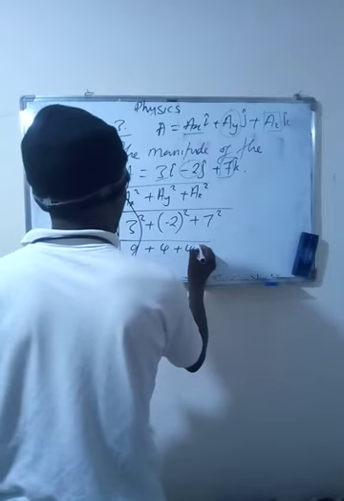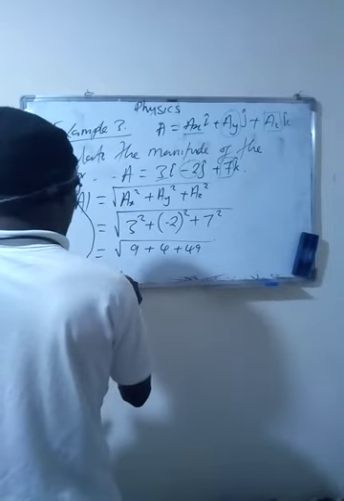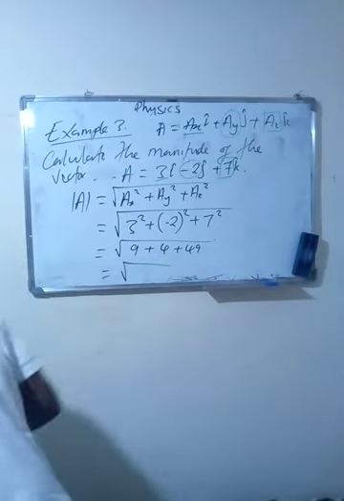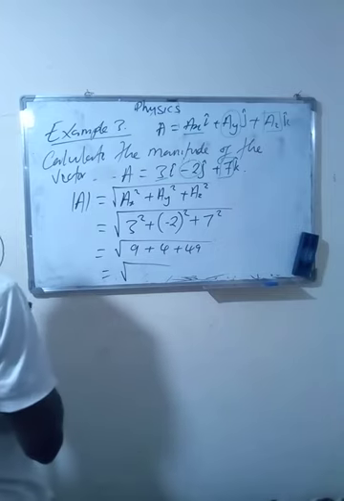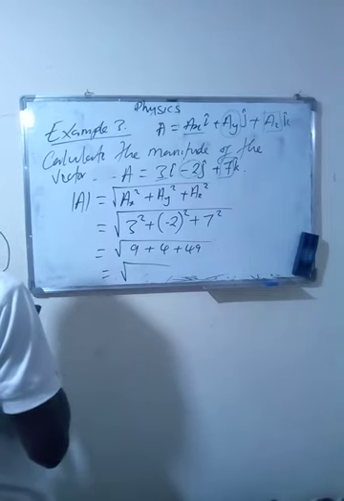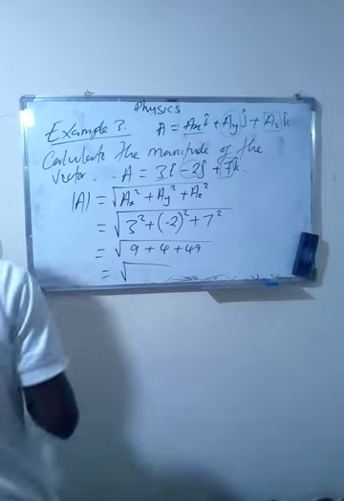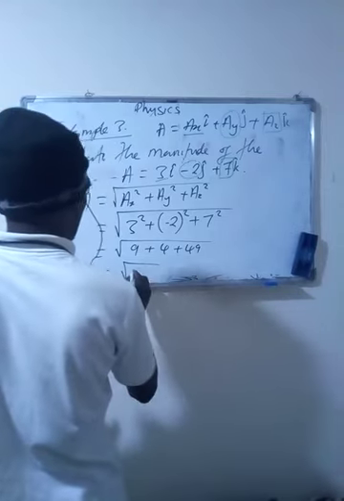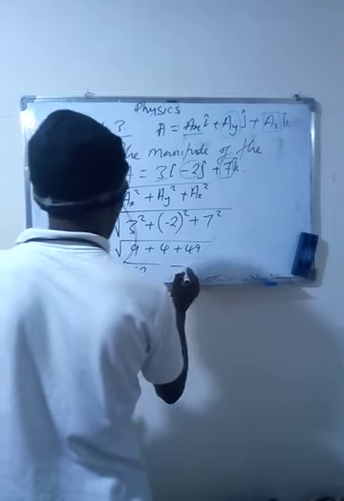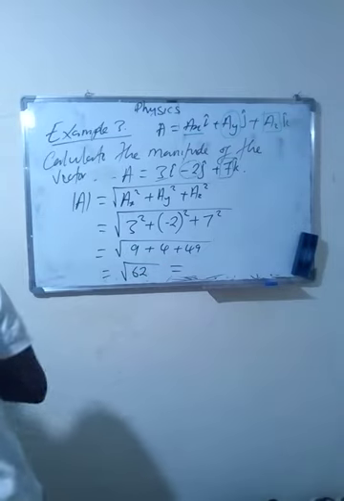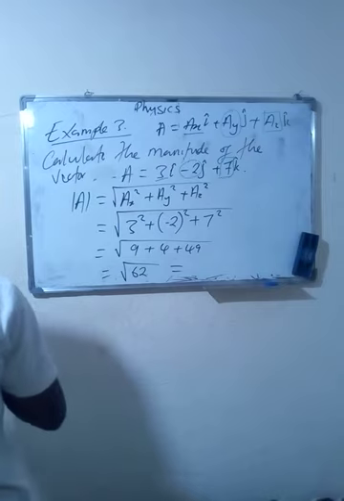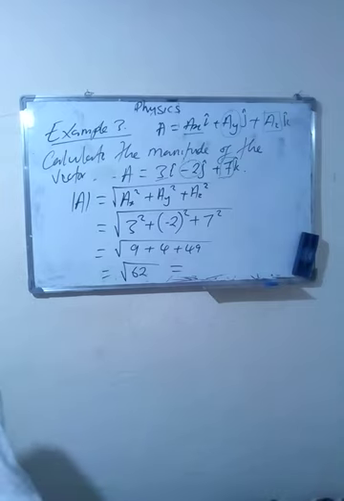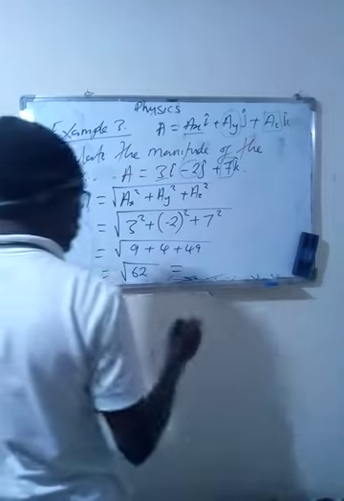If we apply the square root sign on that, we have 7.87 units. And then we have gotten the magnitude, as simple as that. This is very simple work.